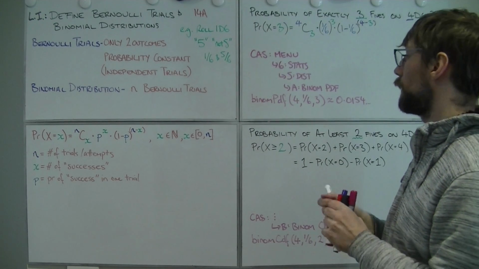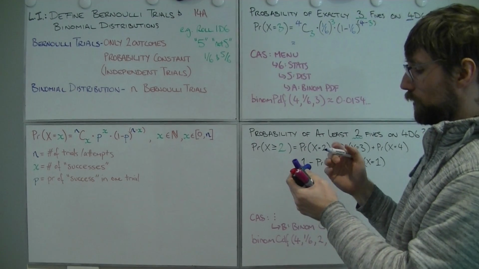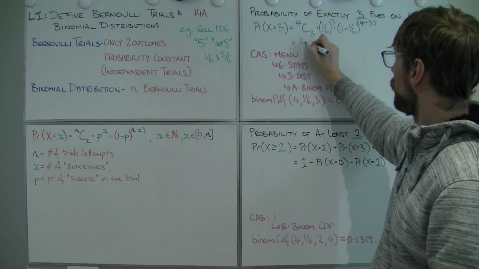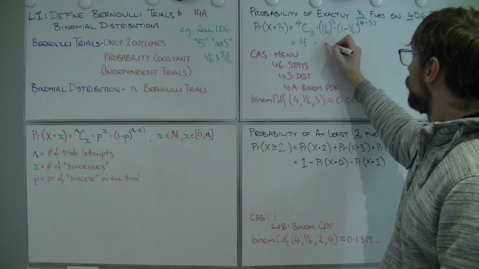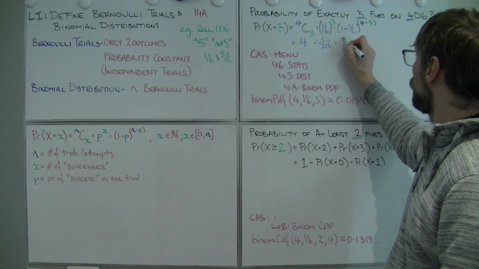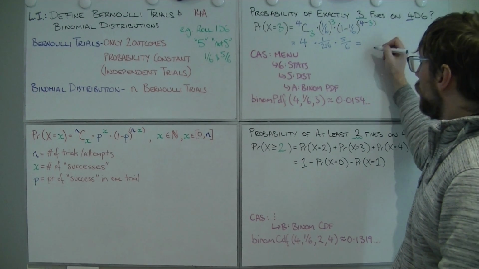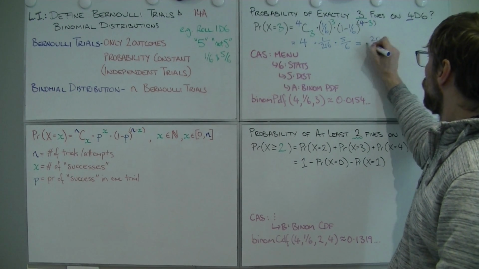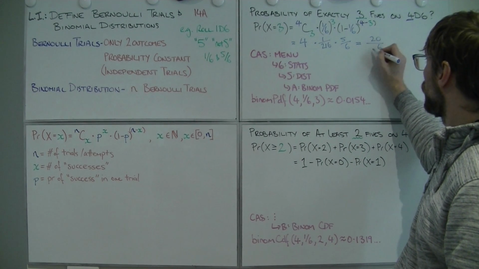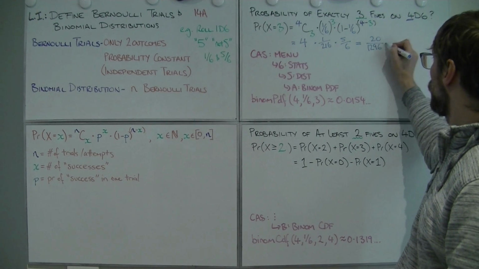You can go through other tables and everything as well. But we end up with, do I want to do it in, yeah, I'll do it in that color, it's fine. 4C3 is going to be 4. This to this is over 216 is 5 on 6. 4 minus 3 gives me a 1, so it gives me that. Gives me what? 20 over, here we go, 6, 3, gives me 9, gives me 12, I think that's right.